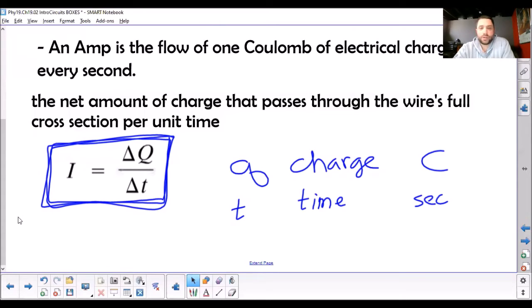It's the net amount of charge that passes through a wire's full cross-section per unit of time. I know that sounds weird. Just know that it's the amount of charge, which we call Q, and we measure that in coulombs, divided by the amount of time that passes.